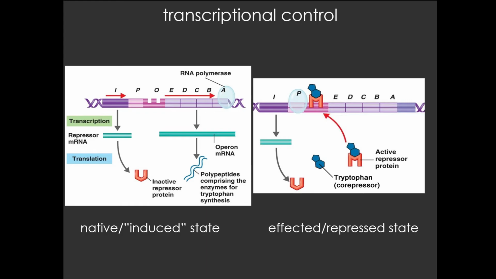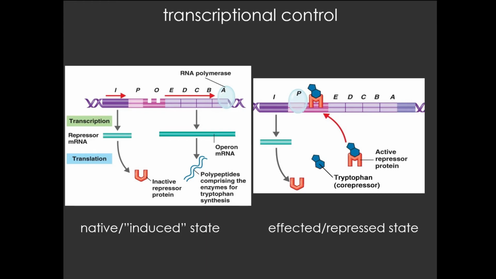If we look on the right-hand side, you see again the transcription and translation of the tryptophan repressor, which is off, but when it is bound by the effector tryptophan, the repressor is now turned on and blocks the transcription of genes E, D, C, B, and A. So the affected state of the operon is to be turned off.